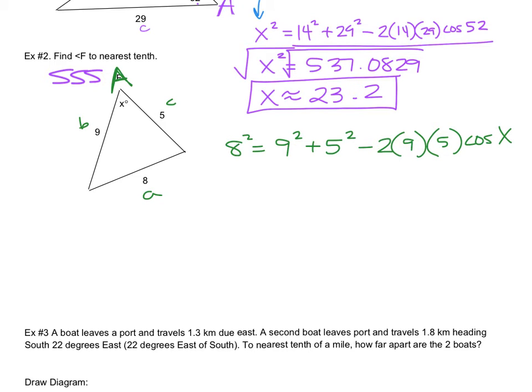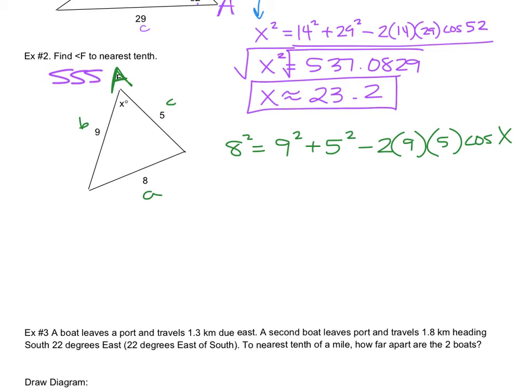You have to add and subtract before you multiply and divide when you're doing this, because this whole thing is 2 times 9 times 5 times the cosine of x. You can't just take part of that and combine it by addition and subtraction. PEMDAS backwards means you got to do the addition and subtraction first, and then you can start moving things around.